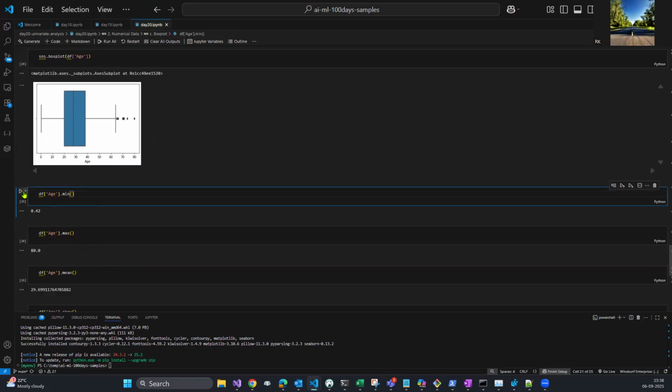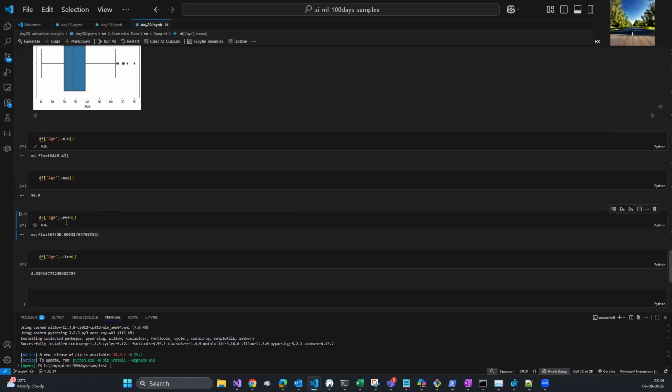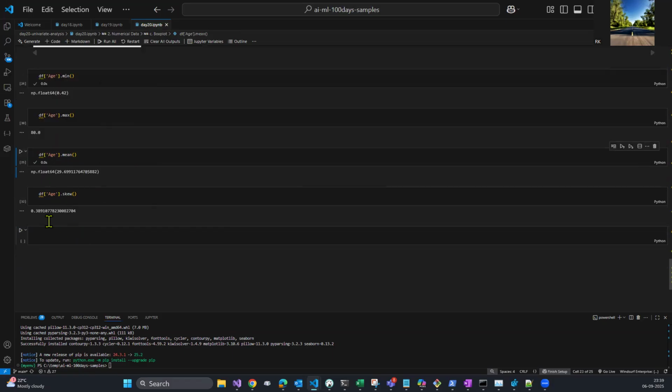Another thing is, if you would like to get the min, max, and mean on age, and the skewness in the data, you should be able to get that as well.